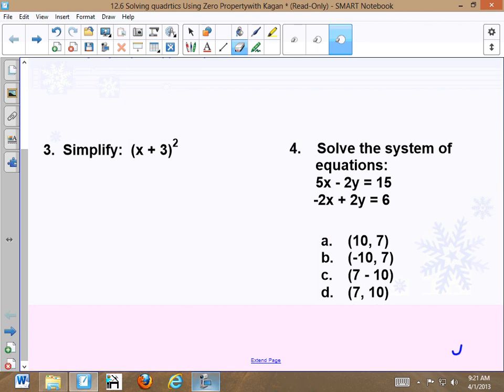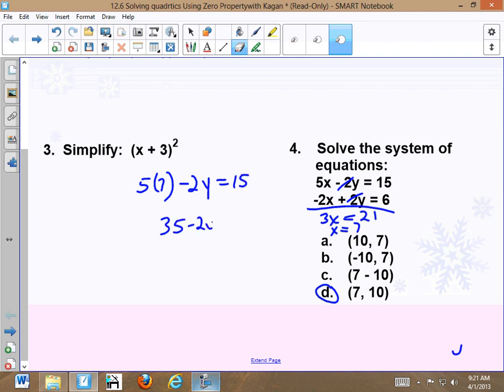How would I solve this? I would cross this out. 5x, wrong, I'm sorry. 3x equals 21, x equals 7. 5 times 7 minus 2y equals 15. 35 minus 2y equals 15.